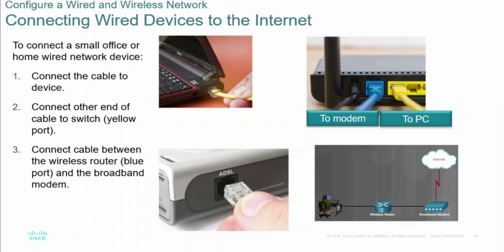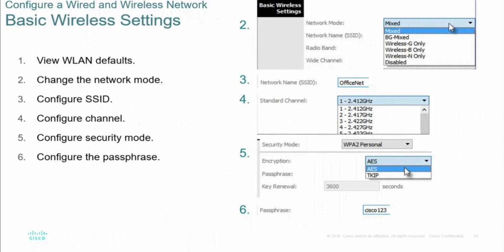The wireless router will receive the wireless signal from the ISP. The wireless router will send that communication to the broadband modem, and the broadband modem will send the communication back to your PC or laptop. Now, there are various settings by which you can set up the wired or wireless modem at your home.